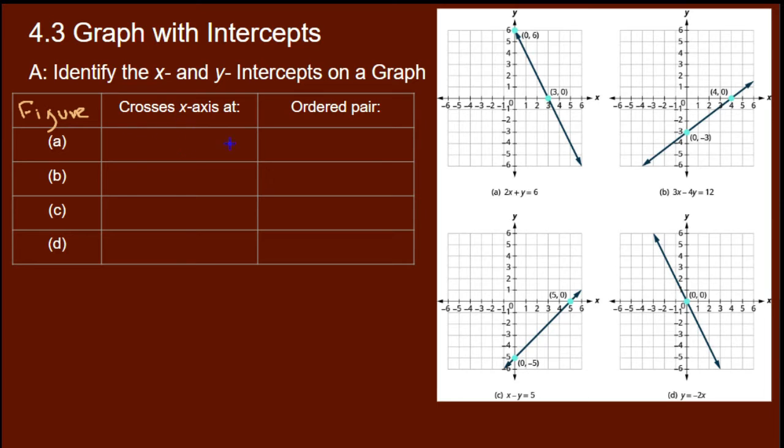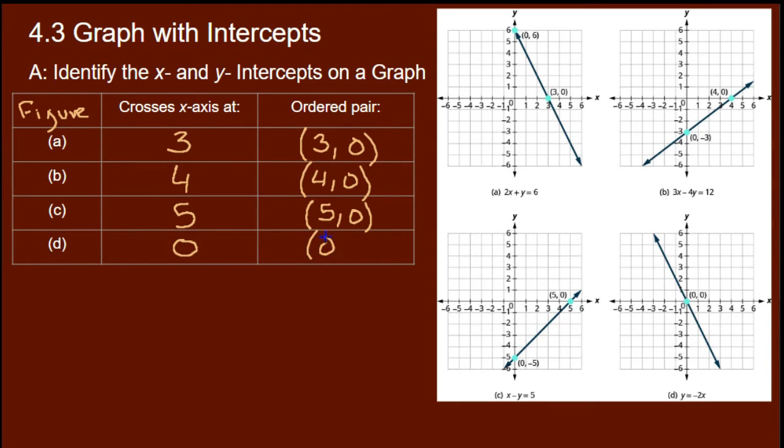So A crosses the x-axis at 3, and the ordered pair is 3, 0. B crosses the x-axis at 4, and the ordered pair is 4, 0. C crosses the x-axis at 5, and the ordered pair is 5, 0. D crosses the x-axis at 0, and the ordered pair is 0, 0.